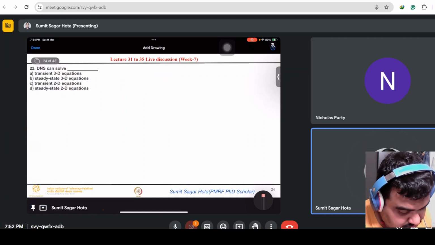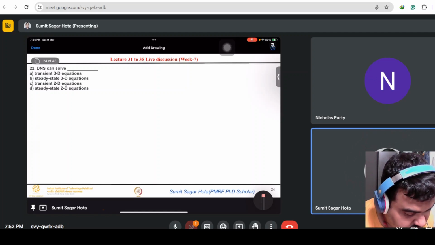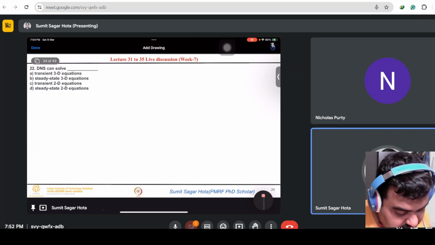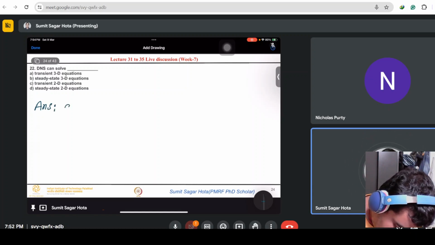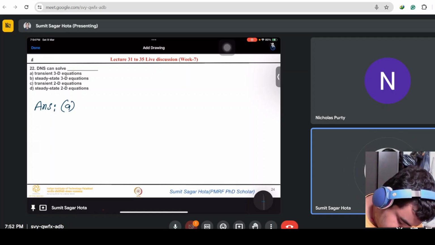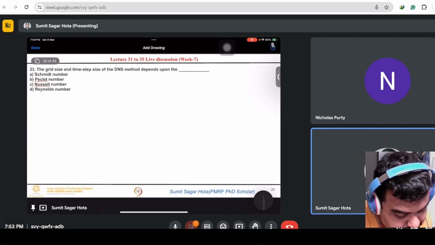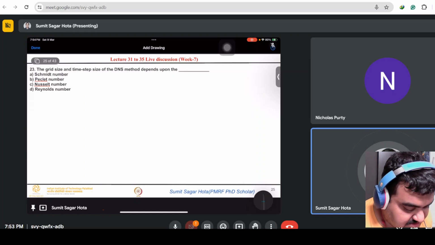Next one. DNS can solve what? Transient 3D equations. The grid size and the time step size of a DNS method depend upon what?